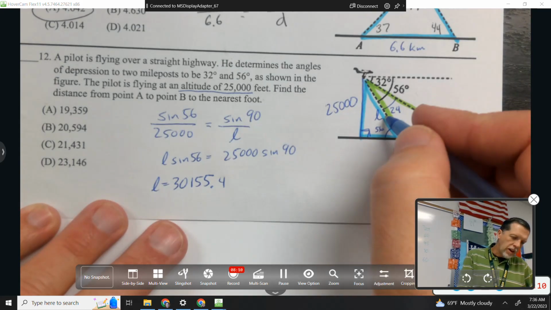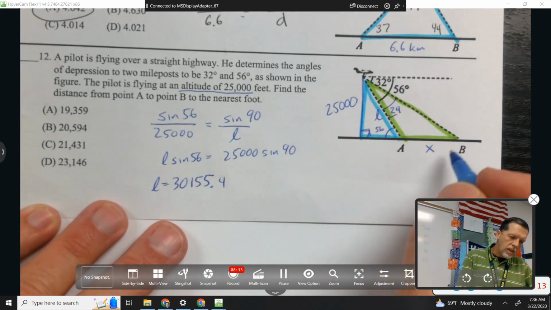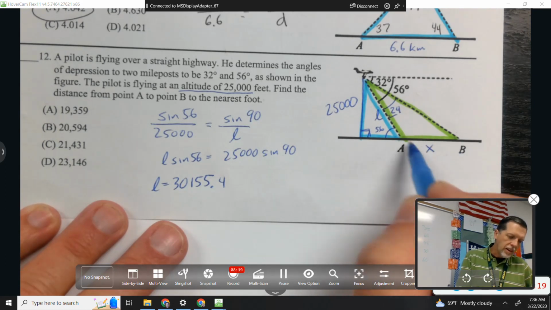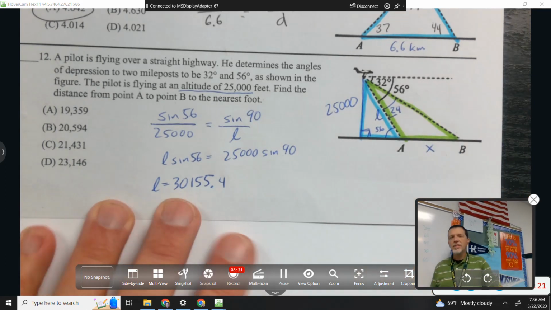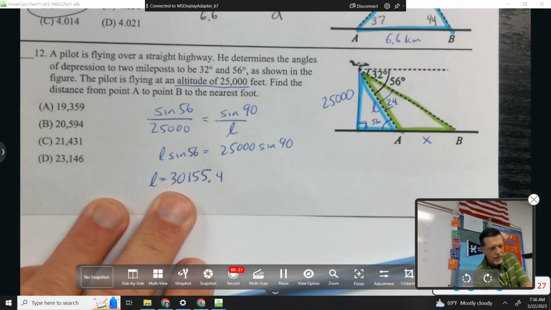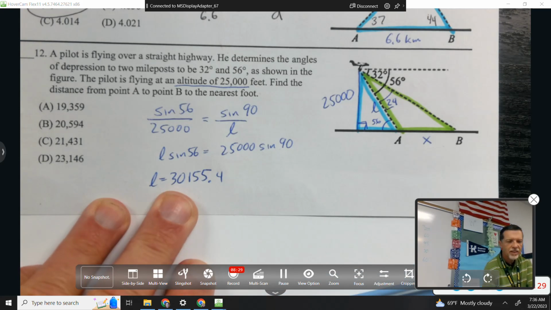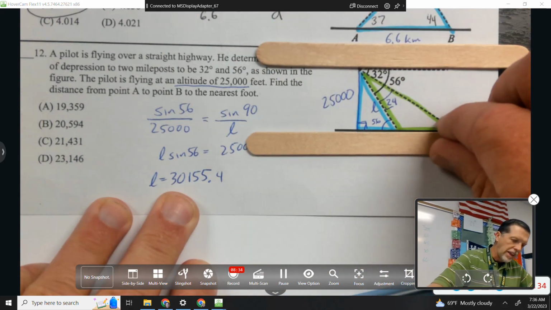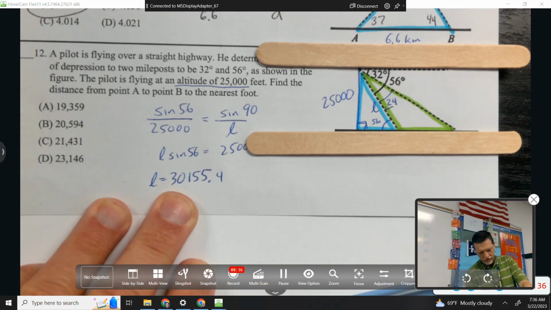Okay, so now I know L. What else do I know in this triangle? I'd like to know the angle across from L because then I could use law of sines. So do you see what the angle across from L is? Lay out our parallel lines with the transversal.